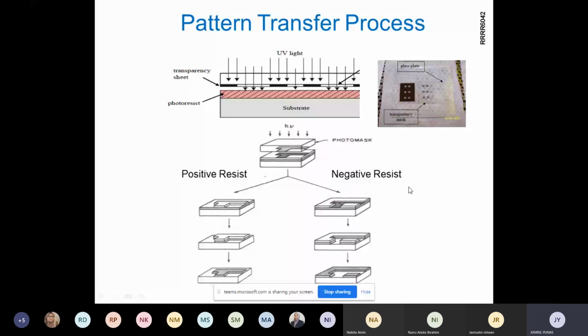For the other type, the negative resist, the area contacted with the light will remove the photoresist.